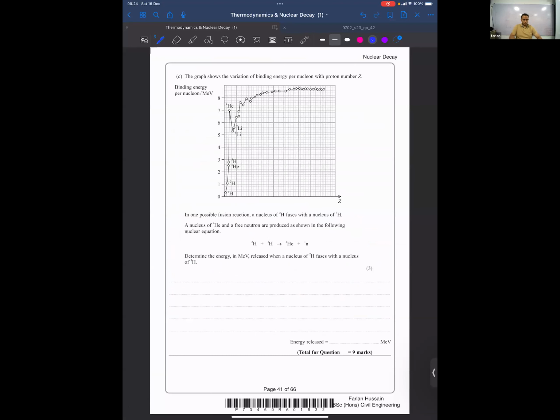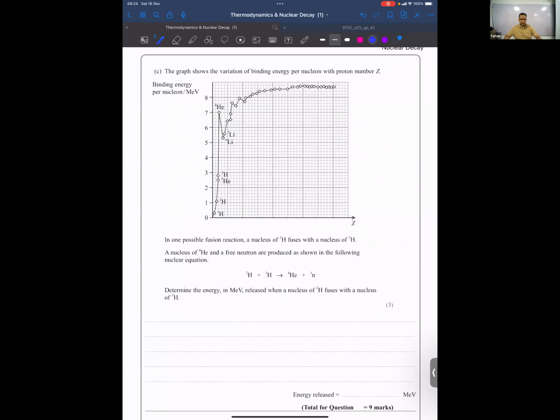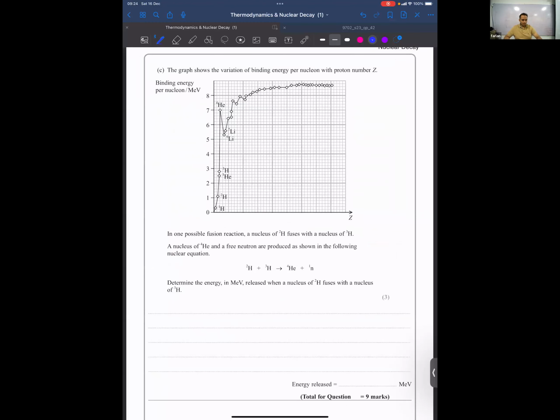Right. Part C. The graph shows the variation of binding energy per nucleon with nucleon number. Binding energy per nucleon is given on the y-axis, and the nucleon number is given on the x-axis.